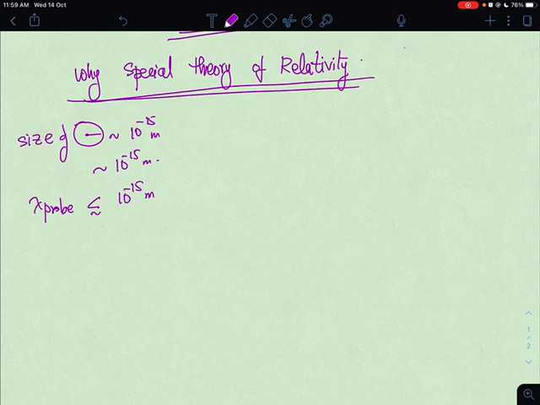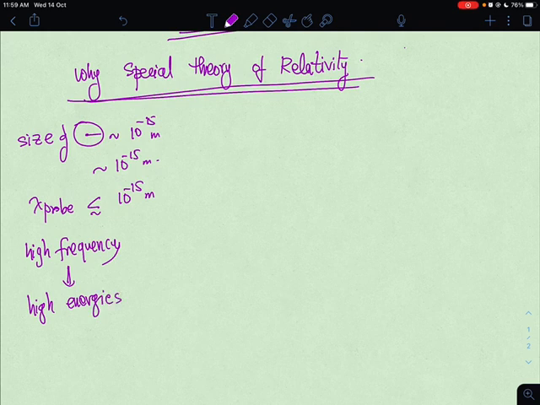So you need very high frequency probes to probe very small particles. Very high frequency means very high energies. So this would mean you are in the realm of special theory of relativity.